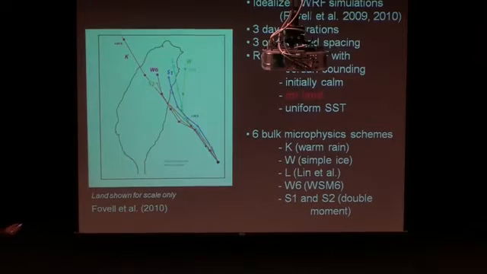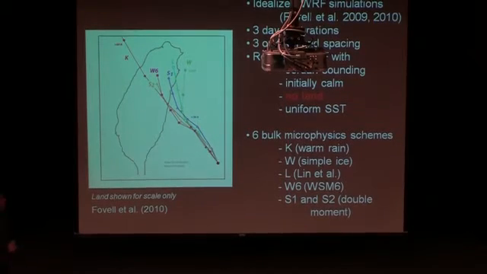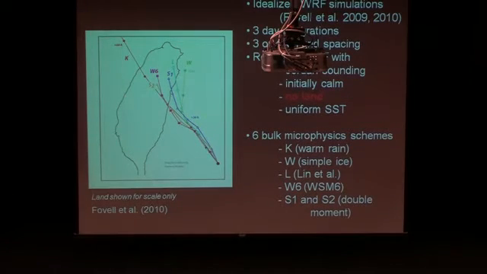Okay. So anyway, these are idealized WRF simulations representing 3-day simulations, either 3 or 4 kilometer grid spacing depending on the particular study. And what we tried to do is use the real data WRF that was as similar as what might be used operationally as possible, but simplify it.